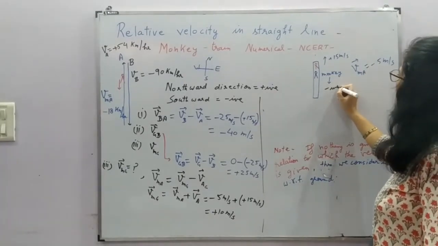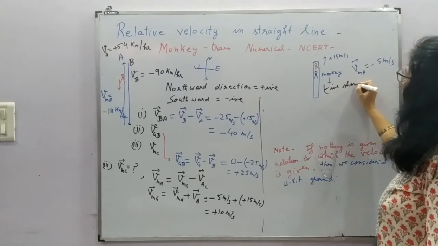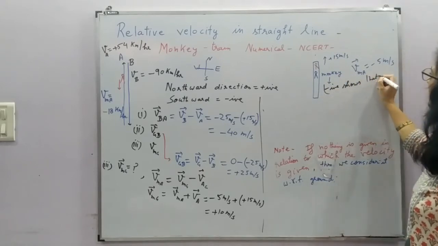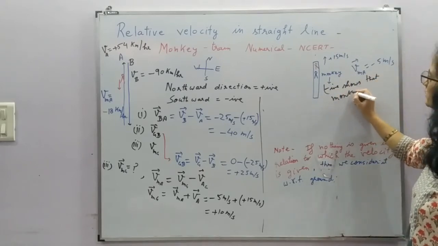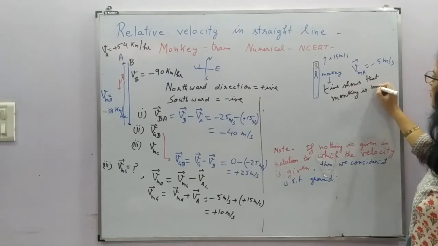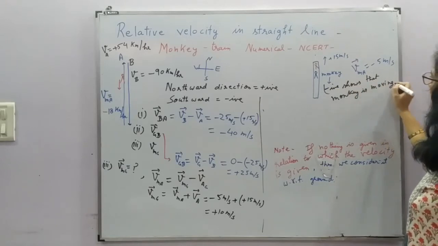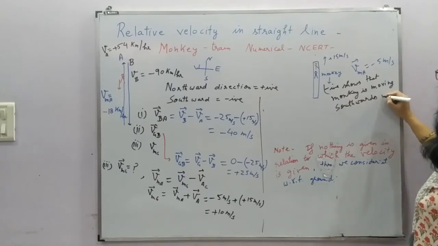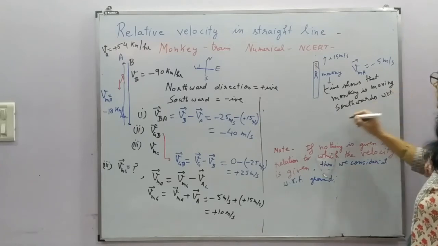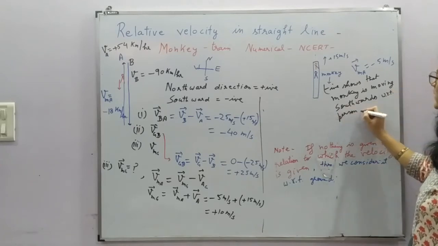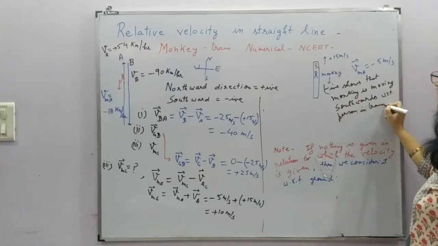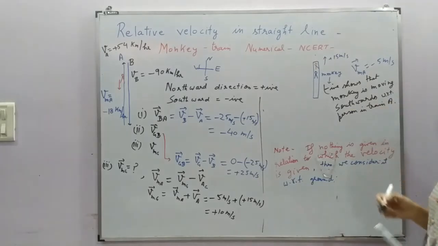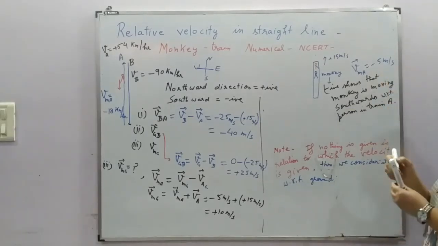So negative shows that the monkey is moving southwards with respect to the person in train A. Very important thing here. That's why this is negative.